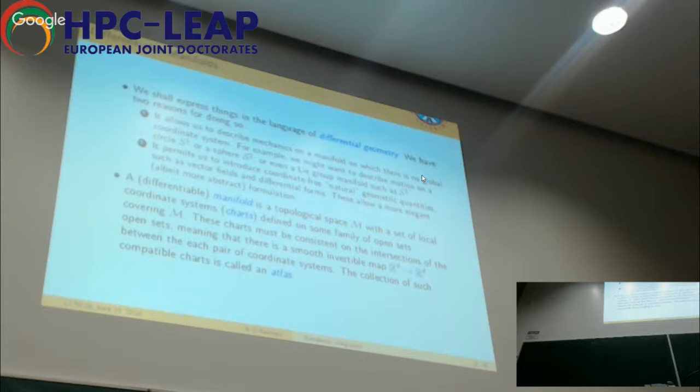The first, if you like, is the real reason, which is that if you want to describe mechanics on a manifold for which there is no global coordinate system, for example a circle, you can think there's a coordinate system theta, but there also has to be a jump when you get to 2 pi. So in the usual angular coordinate system of a circle, a smooth function is kind of hard to describe, because the point theta equals 2 pi is in fact the same point as theta equals 0.